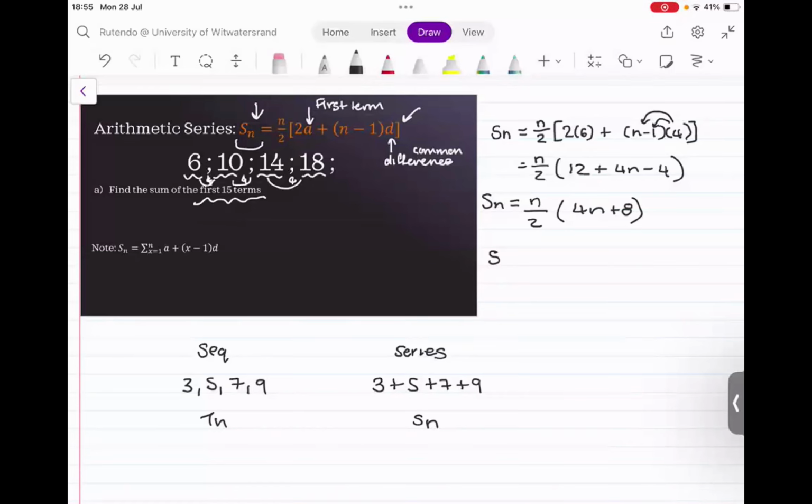So now I have S of 15 equal to 15 over 2 multiplied by 4 times 15 plus 8. 4 times 15 is 60, plus 8, so 15 over 2 multiplied by 68.